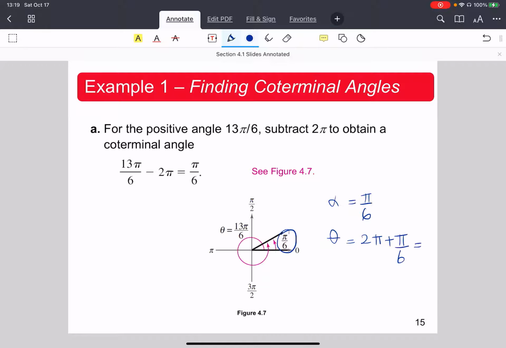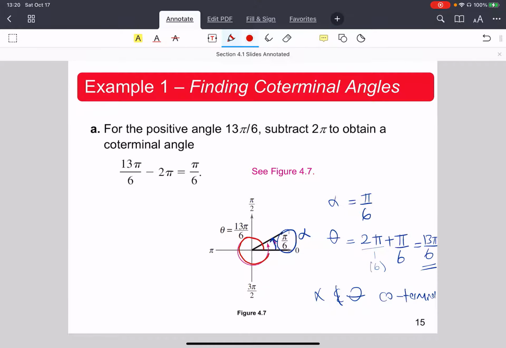When you add these two, do the math here: this one's over 1, multiply by 6, so 12, so 13 pi over 6. So then realize alpha and theta are coterminal. Alpha is given in blue right here, and the other one is in pink or red. I'm going to draw it, and this is my theta, which is 13 pi over 6.